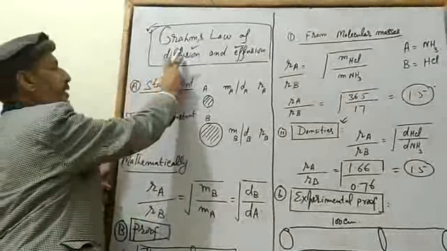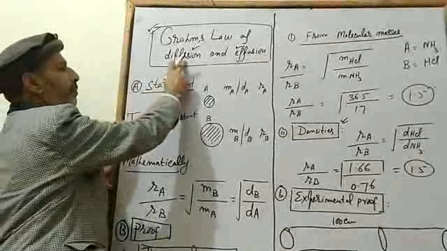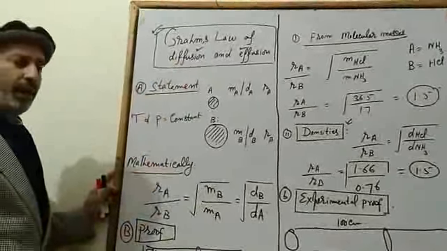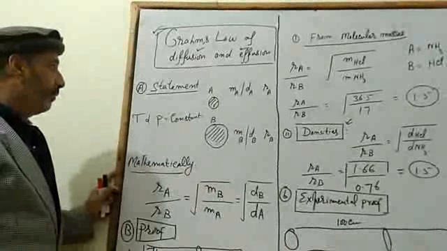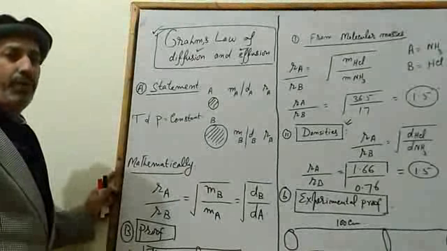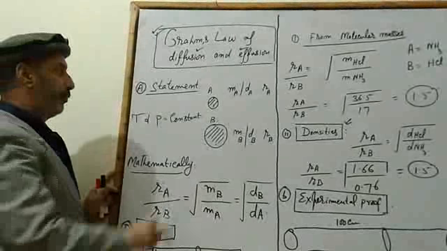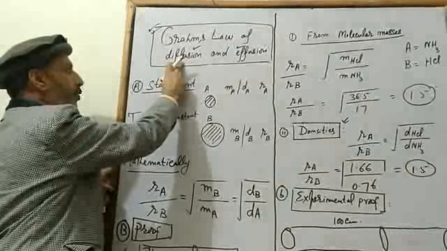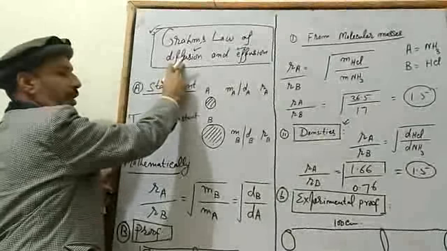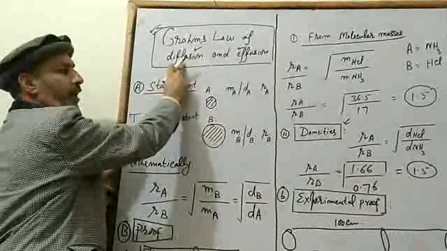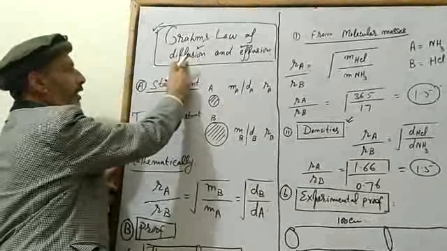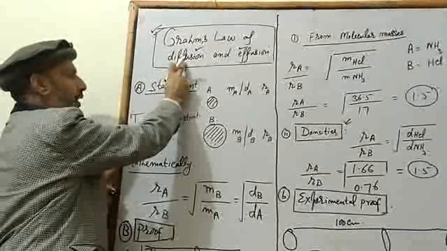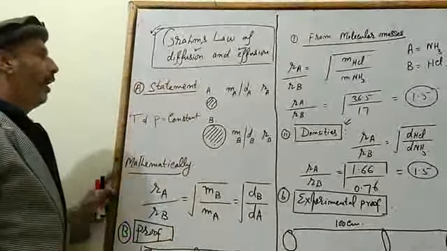By diffusion, we mean the spontaneous mixing of two or more gases due to random motion and collision until the mixture becomes uniform. That phenomenon is called diffusion.